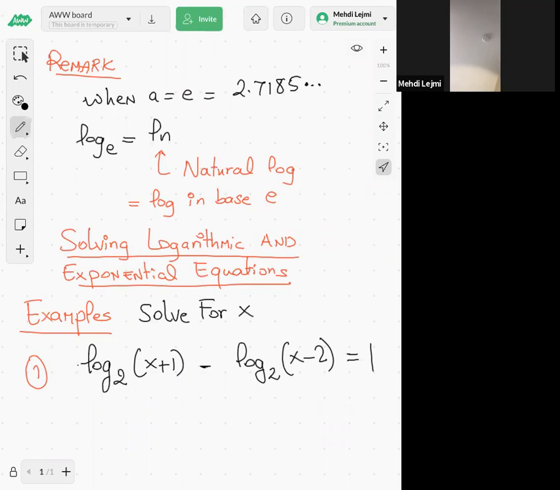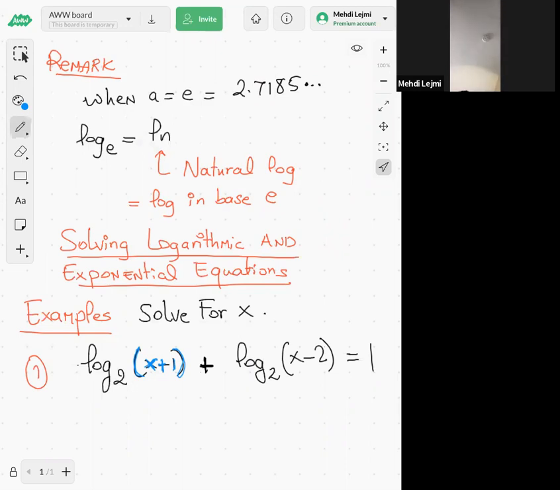I want to find the values of x which satisfy this equation. Let's say this is a plus. Let's start with the plus, and then we're going to do the minus. So this is the log of x plus 1, and you cannot separate the log from the x plus 1. Plus log in base 2 of x minus 2 equals 1.